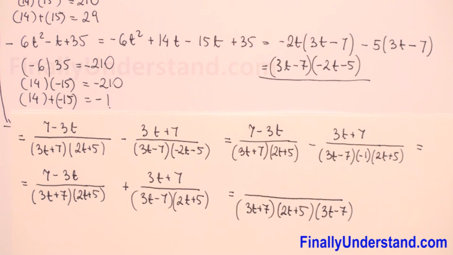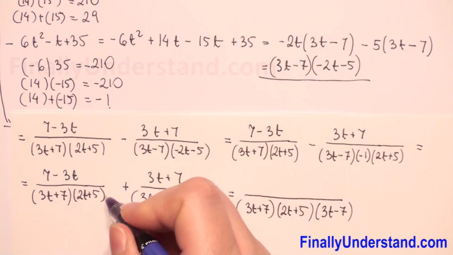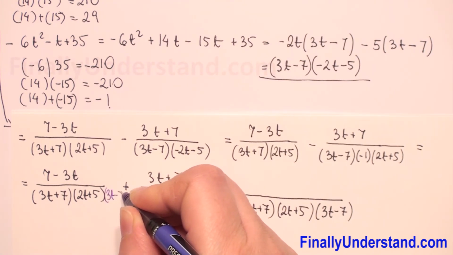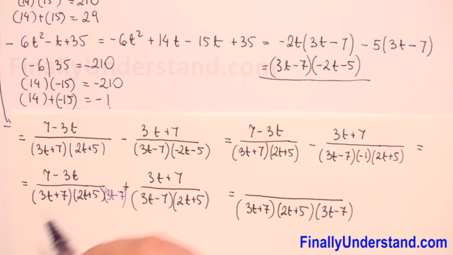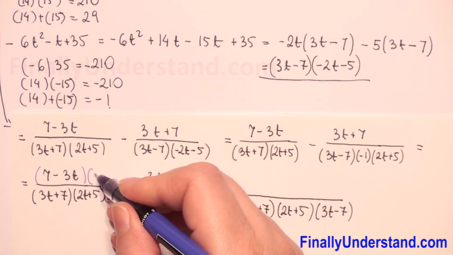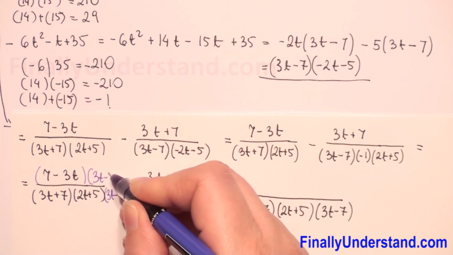So now let's check our first algebraic fraction. We have 3t plus 7, 2t plus 5, and we see that we have to multiply this denominator by 3t minus 7. So if I multiply the denominator by 3t minus 7, I have to do the same with the numerator. So that will be times 3t minus 7.